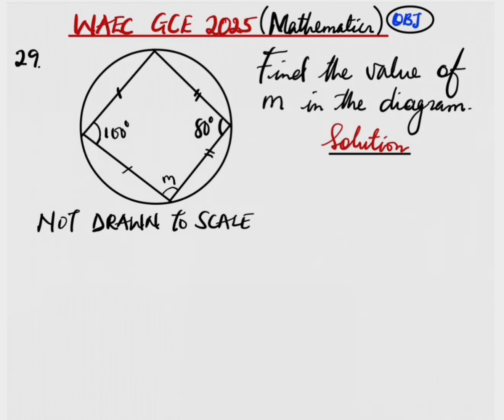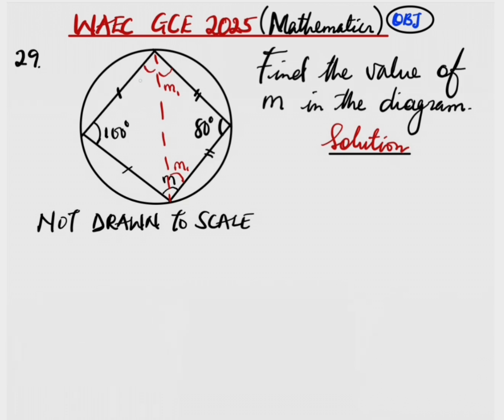And from the quadrilateral in the circle, we could get two isosceles triangles. Let me divide this. So if this is m sub 1, this other side too will be m sub 1 because base angles of an isosceles triangle are equal.